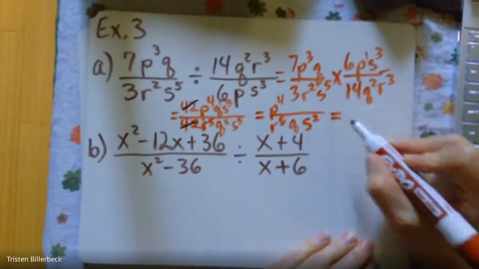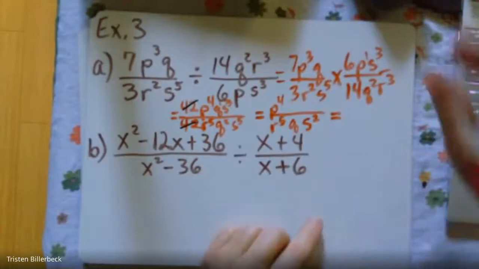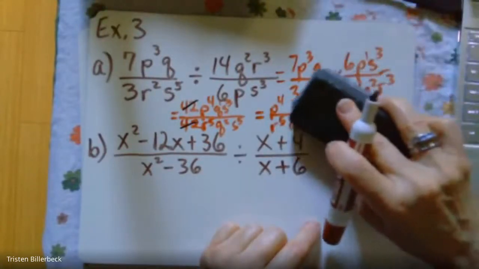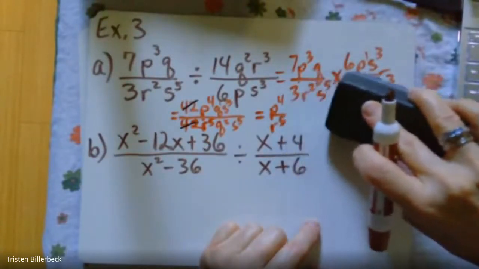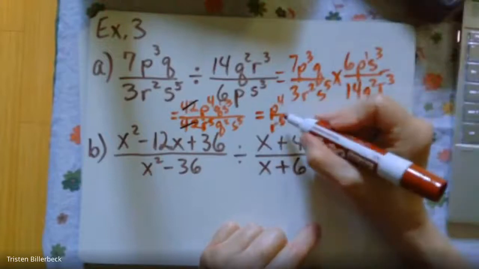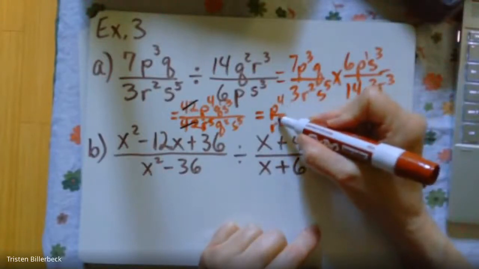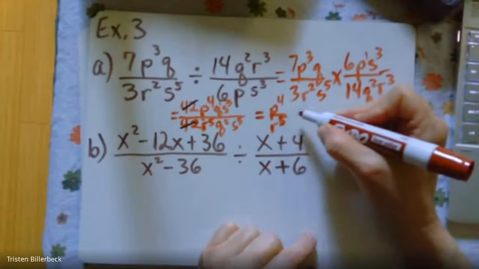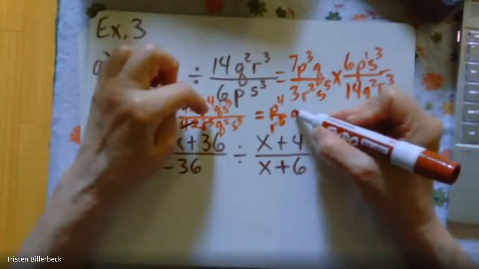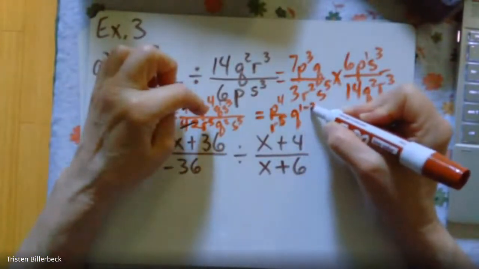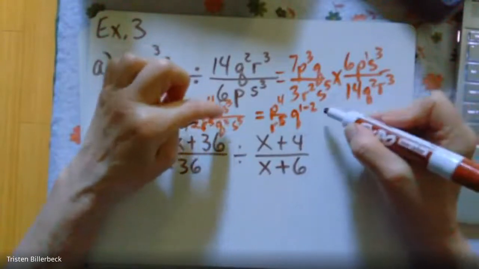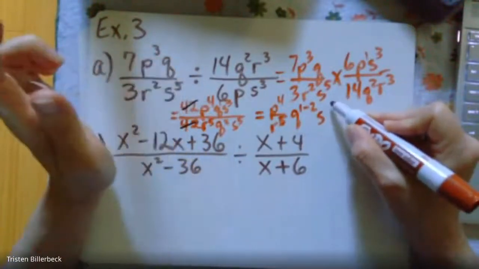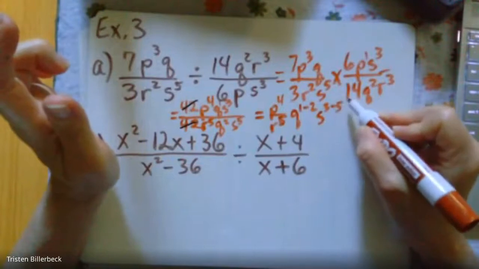If I had used the exponent rules, let's do that because I promised I was going to use the exponent rules and then I didn't. So the exponent rules: for q, that's going to be 1 minus 2, and for s it's 3 minus 5.